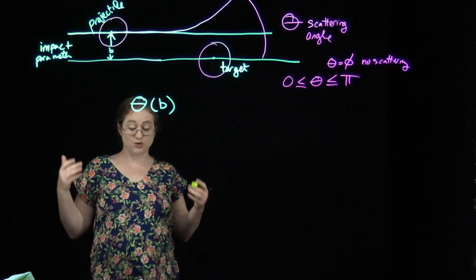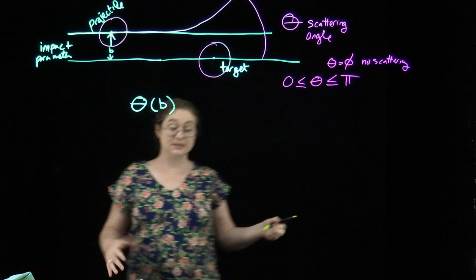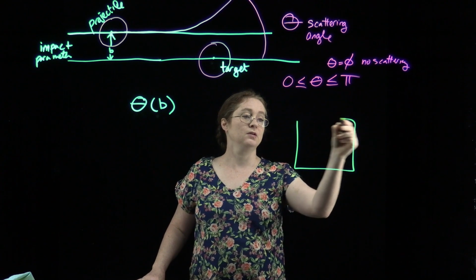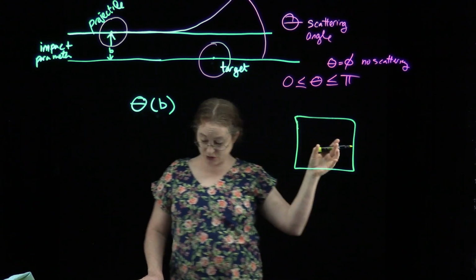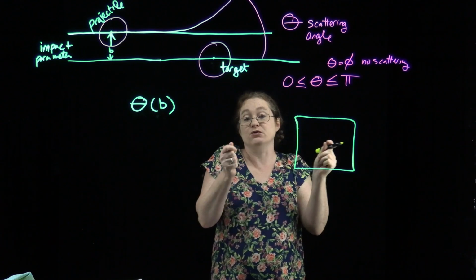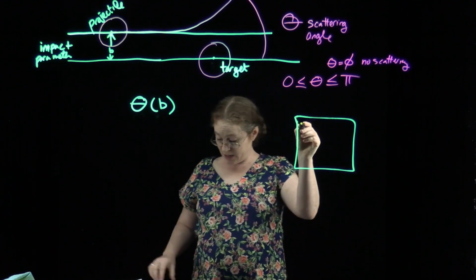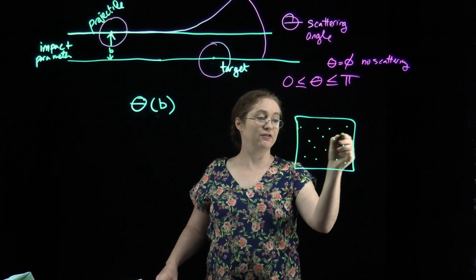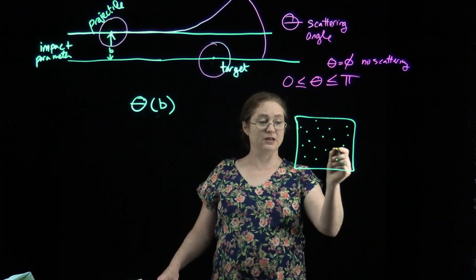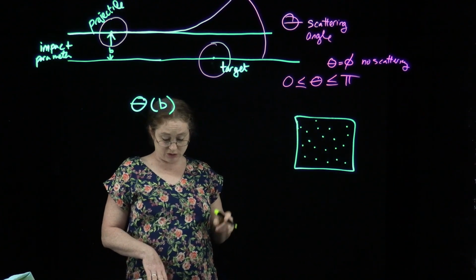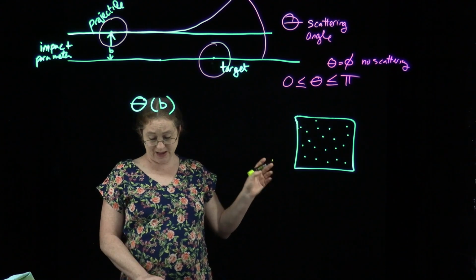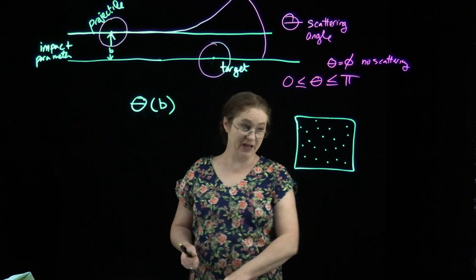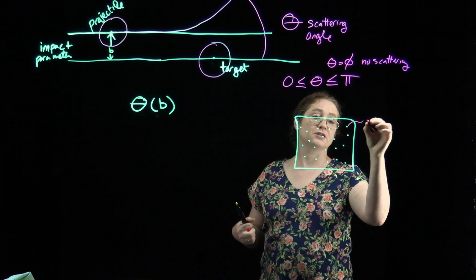So, because we are talking about probabilities, in most cases, if you have your total target, like a thin foil of some type of metal, you're going to have a somewhat random distribution of actual target nuclei in that foil. And they each have some area, so they will each have a cross-section.